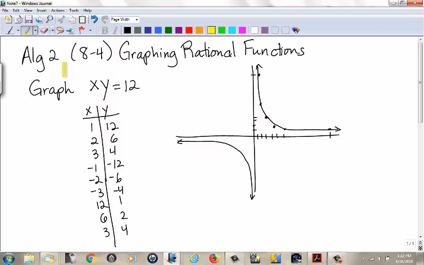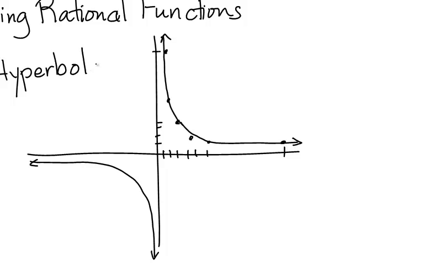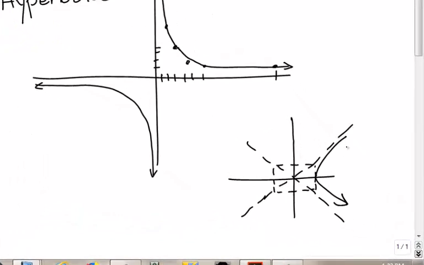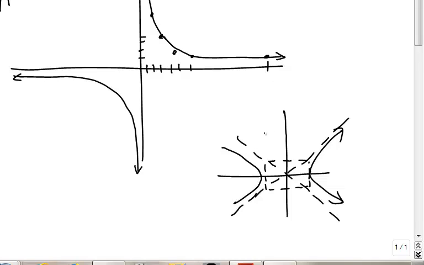So anytime you have x times y equals a number, your graph is always going to be a hyperbola, and we graphed those in the last chapter. Remember, in the last chapter, we did a little box, and then we did the asymptotes coming through the guides, and it was either opening on the x or it opened on the y.